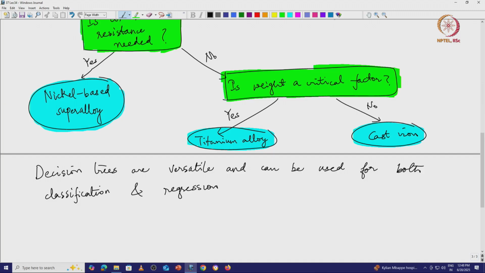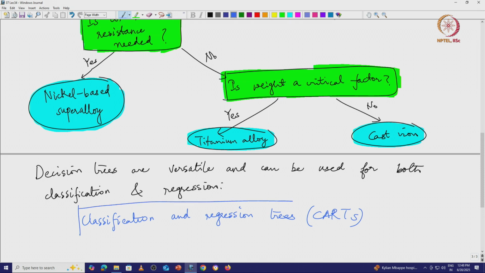The kind of algorithm we will study in this course is called classification and regression trees, which are shortened to CARTs or CART. That is the algorithm we will study with respect to a decision tree.